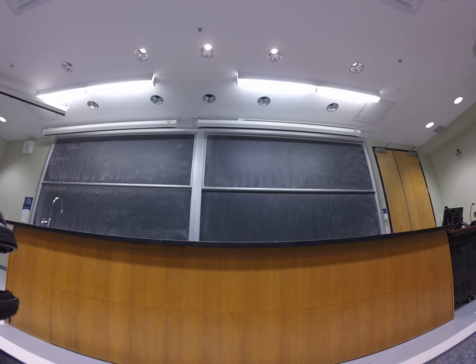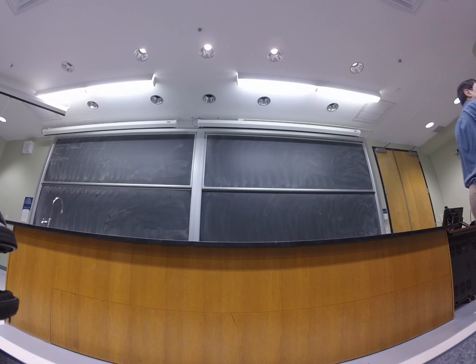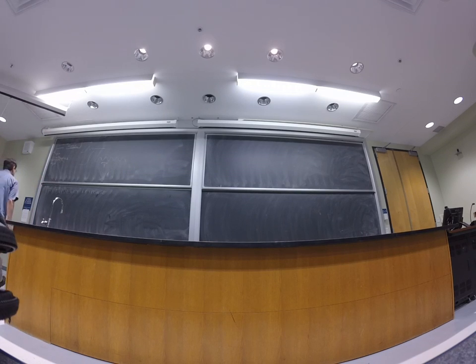Since I'm talking about a linear system, that means I have a transfer function representation. So let me do the input in white and the output in orange. So here's my system. And let's say this has transfer function G of s.